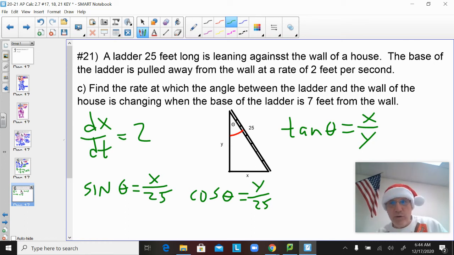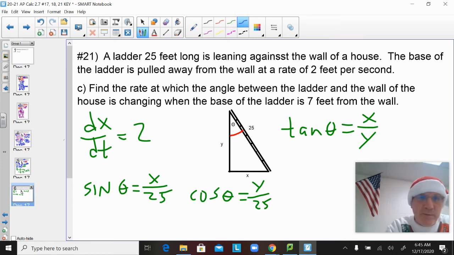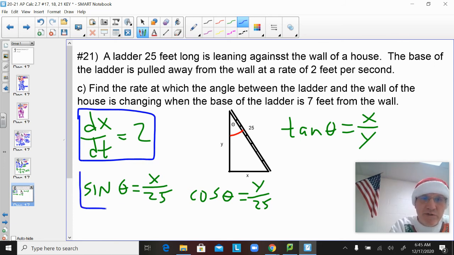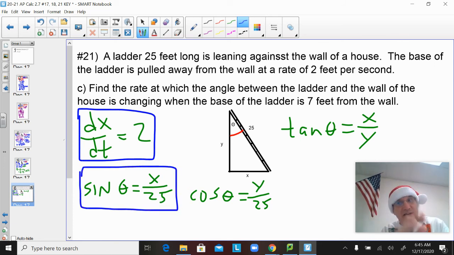And if I did those, they'd all have a d theta dt. The first one would have a dx dt. The second one would have a dy dt. The third one, tangent, would have both a dx dt and a dy dt. Any of them would work, but since the problem gave me dx dt, I'm going to choose this one, which is only going to have a d theta dt and a dx dt. So you wouldn't have to pick sine, but I'm going to pick sine.